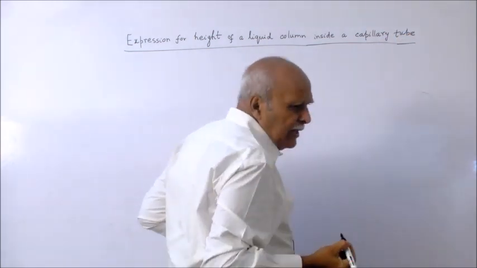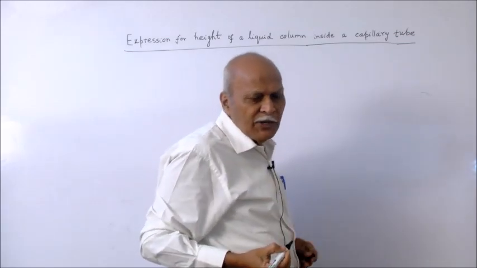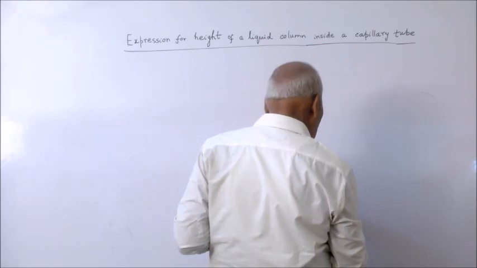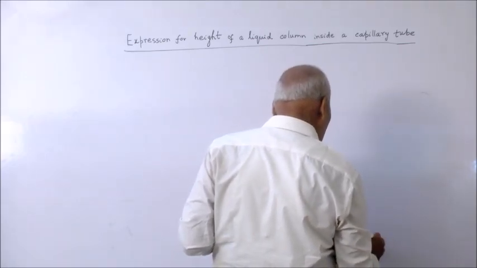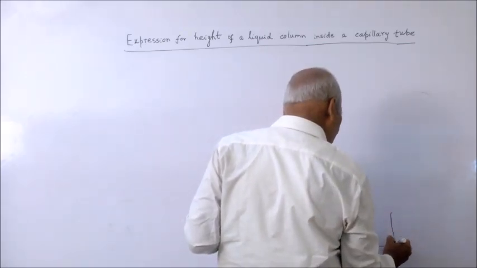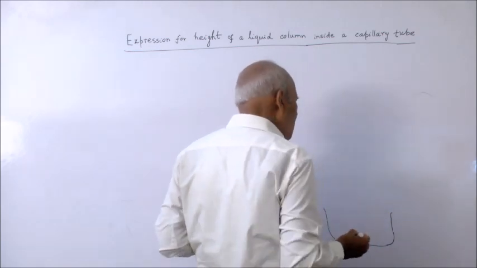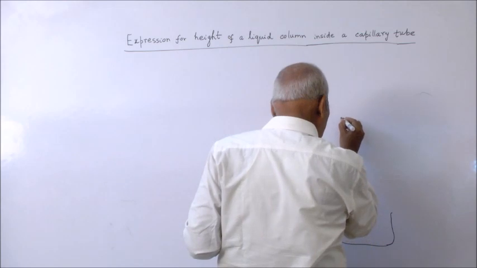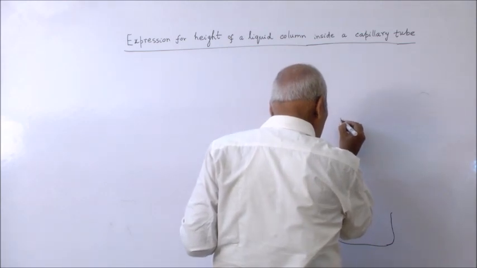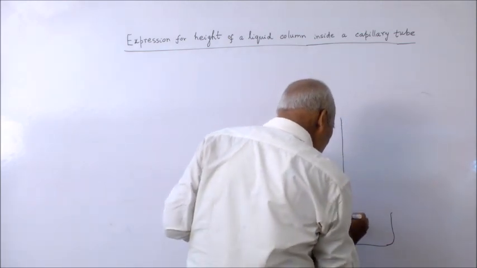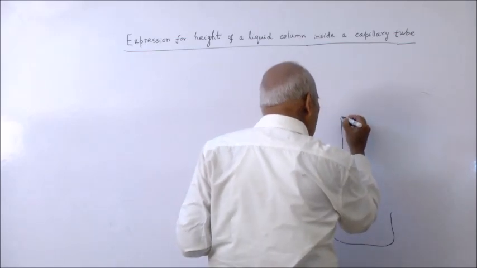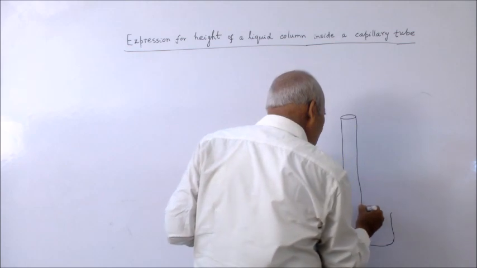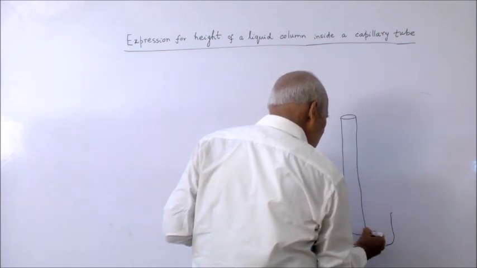A capillary tube means a very narrow tube placed vertically with one end inside a container of liquid like water. The mercury experiment can be done also, but there the level is depressed. Here we show the capillary tube as an enlarged tube, because if it is very narrow we cannot show the details of it.